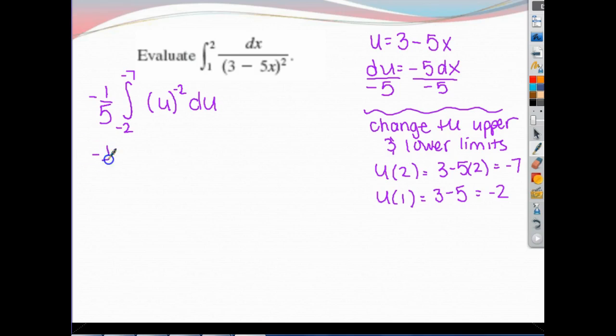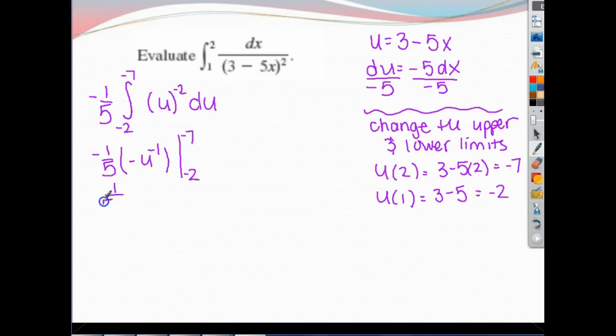So you get -1/5. What's the antiderivative of u to the -2? What's the rule? Yeah, it becomes -u to the -1, or -1 over u. And we're evaluating from -7 to -2. What happens to a negative times a negative?